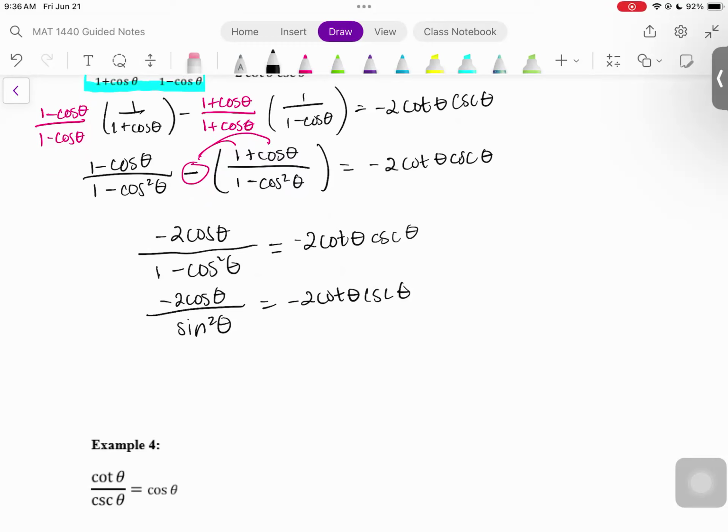And similar to a previous example, we're going to factor out that sine squared so we have both factors of sine theta. So we have -2 cosine theta over sine theta times sine theta, equals -2 cotangent theta cosecant theta.